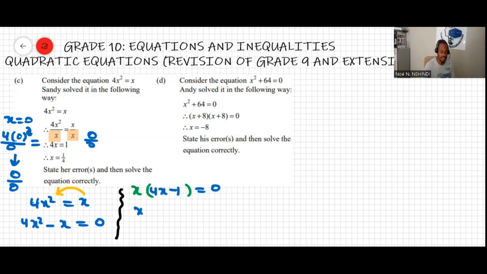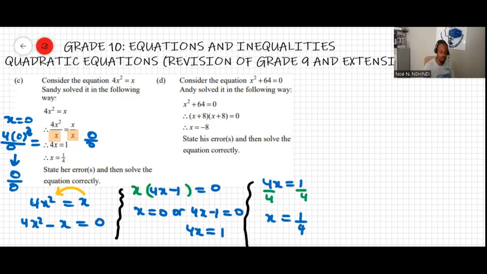Now this implies that x equals 0 or 4x minus 1 equals 0. Then this means 4x equal 1, and we can divide both sides by 4. 4 is a constant number, a fixed number, and that makes x equal to a quarter. So over here we have two solutions: x is 0 or x is a quarter. Those were the two correct solutions for the equation.